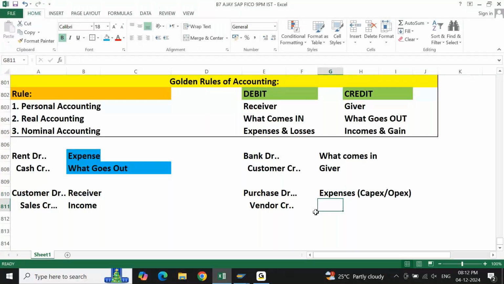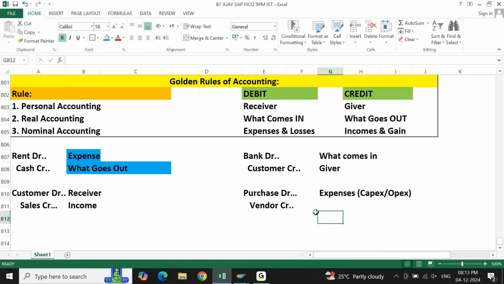Now here it is applicable for purchase alone. Whenever you are purchasing, if your purchased item is going to the balance sheet, is it capex or opex? Capex. If your purchase is going to the P&L account, then it is called OPEX, operating expense.